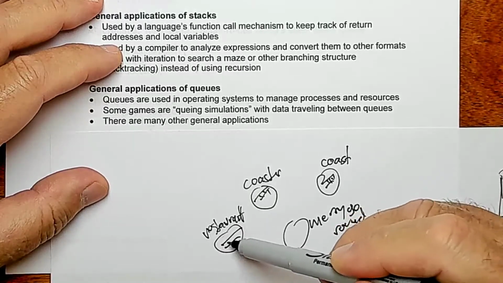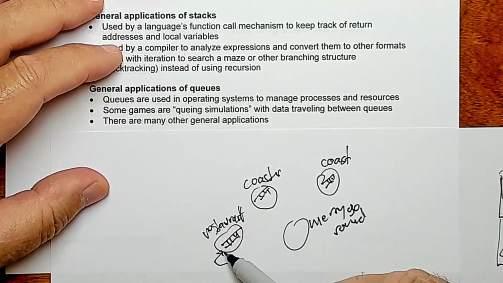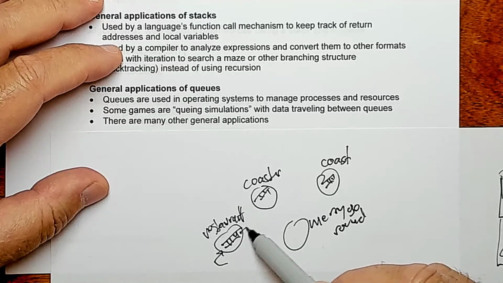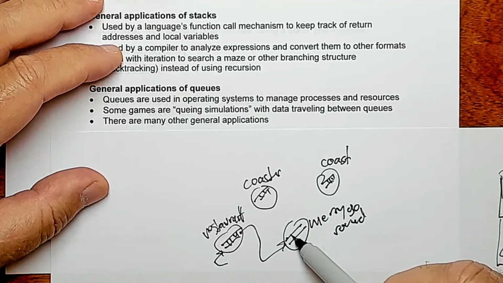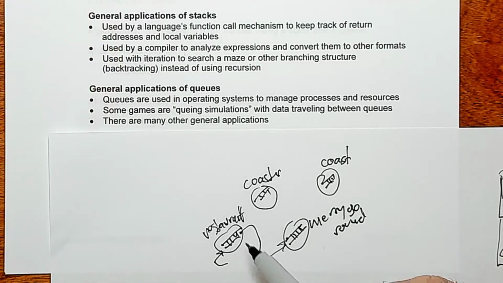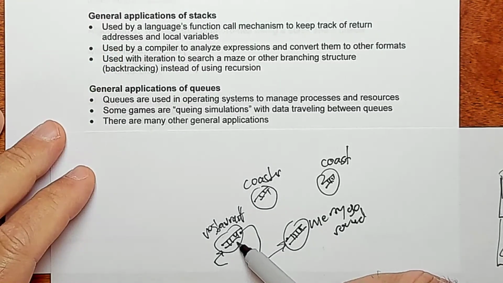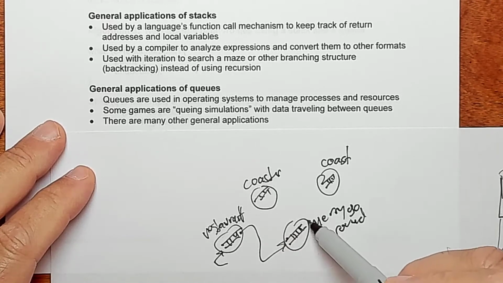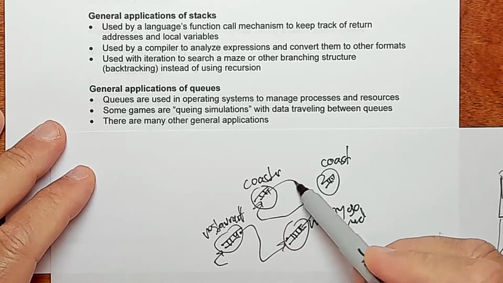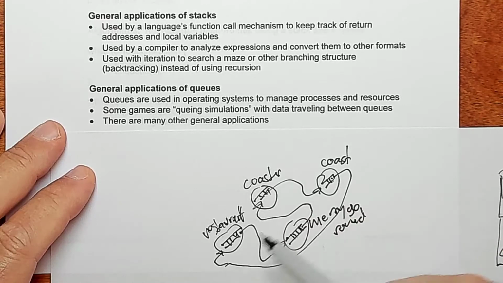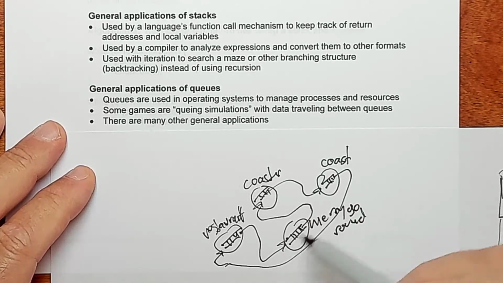Each one of these is a queue with people. They go into the restaurant, and then they eat, and they work their way through the queue, and then at some point they come out and get in another queue for the next ride. So you can vary the size of these queues, how many people they support, their speed, that kind of thing, and that's the whole game. You want to keep people moving around.